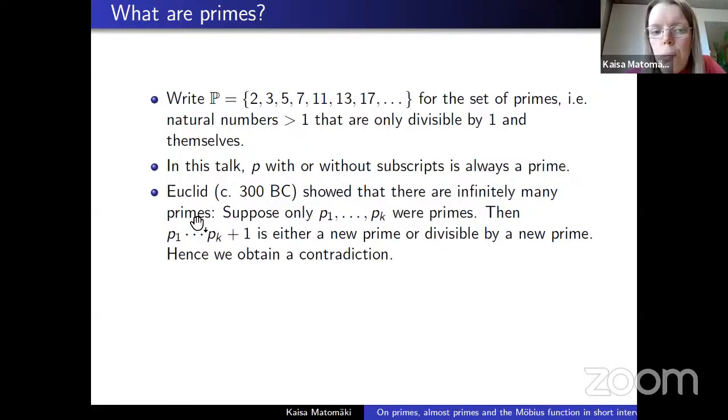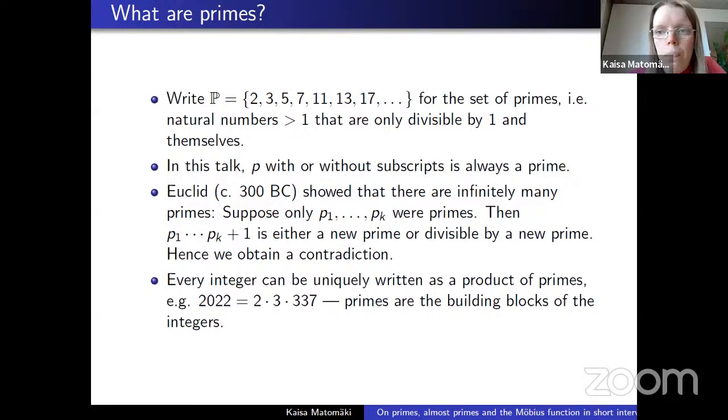And then look at the product of all these prime numbers and add 1. So this number here, it's not divisible by p1 because if you divide by p1, the residue is 1. And it's not divisible by any pi because always you are left with 1 when you divide by pi. So either this is a new prime or it's divisible by a prime which is not included in the set of all primes I had. So this is a contradiction. There must be infinitely many primes.